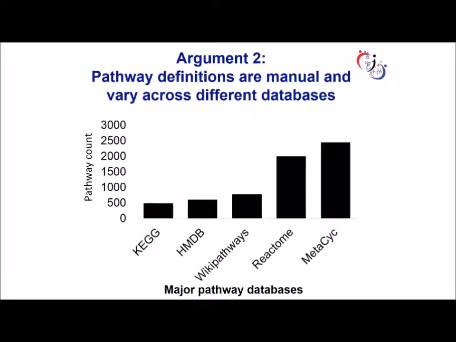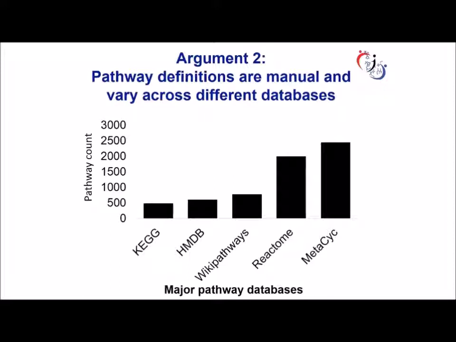Argument 2: pathway definitions are manual and vary across different databases. The graph shows pathway counts in 5 major pathway databases: KEGG, HMDB, WikiPathways, Reactome, and MetaCyc.